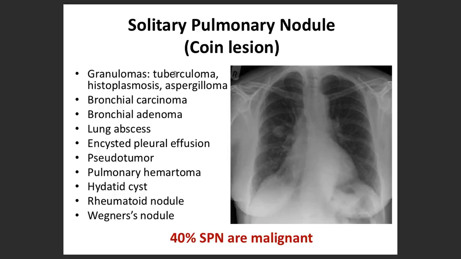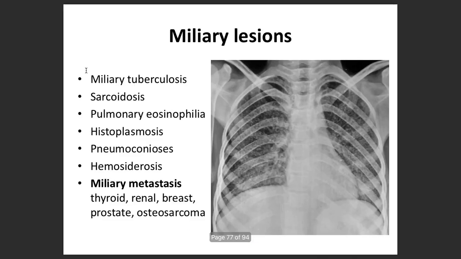The differential diagnosis is bronchial carcinoma, adenoma, lung abscesses, pseudotumor, hydatid cyst, rheumatoid nodule, or Wegener's nodule. This is really important, so we should always keep it in mind whenever we are thinking about it.